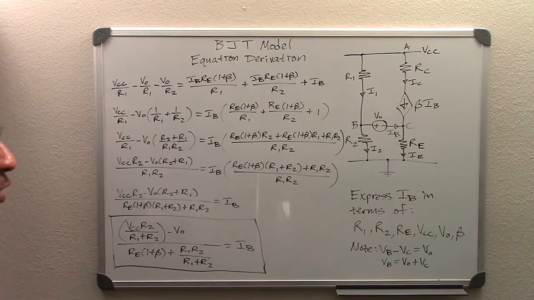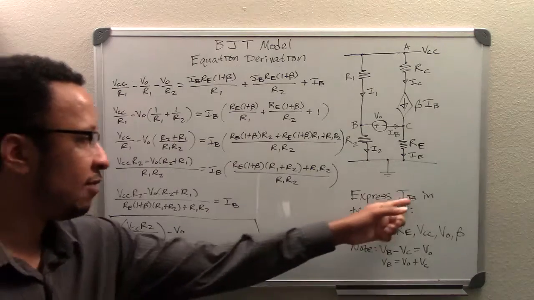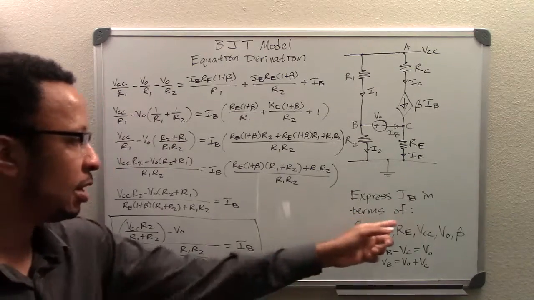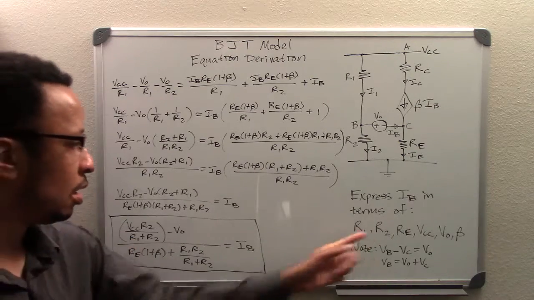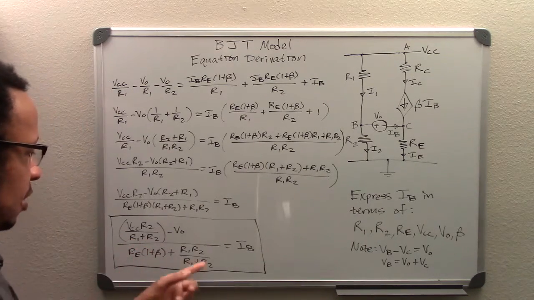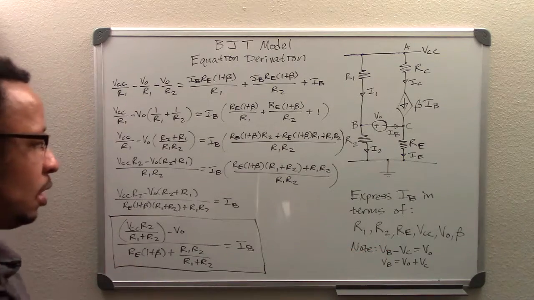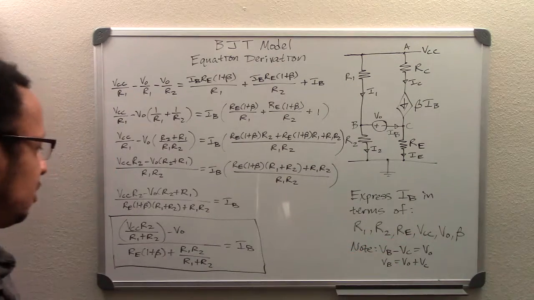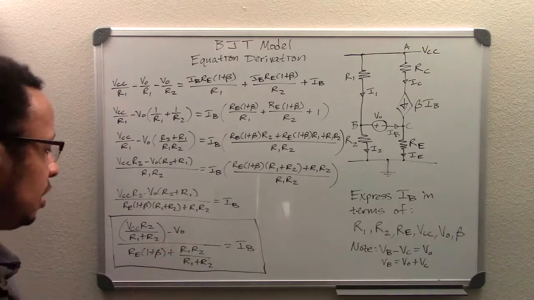Let's backtrack and make sure that what we have is IB in terms of what? R1, R2, we have R1s and R2s there. RE is there. We have VCC, which is there. We have V sub 0, which is here.